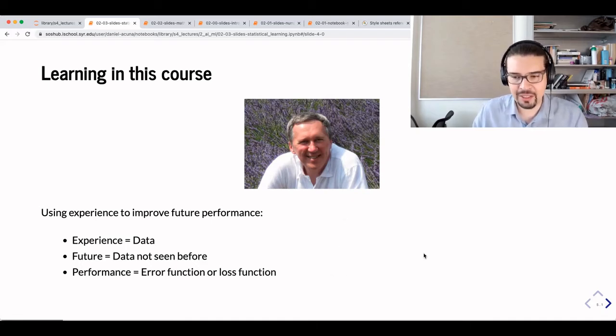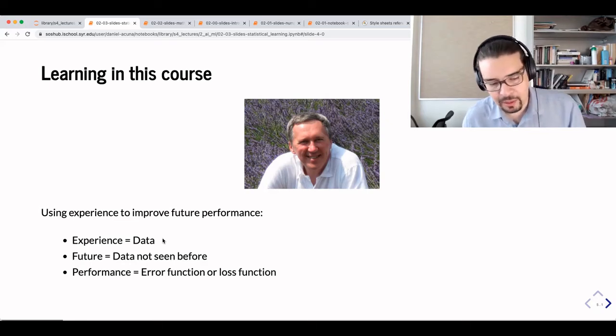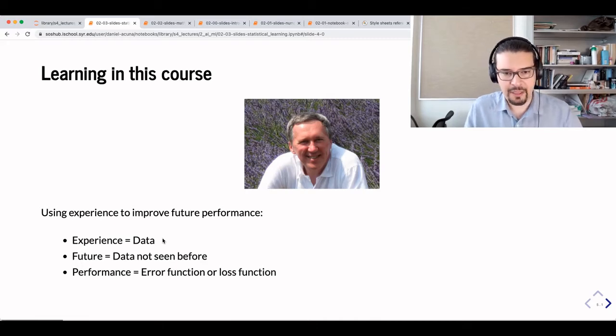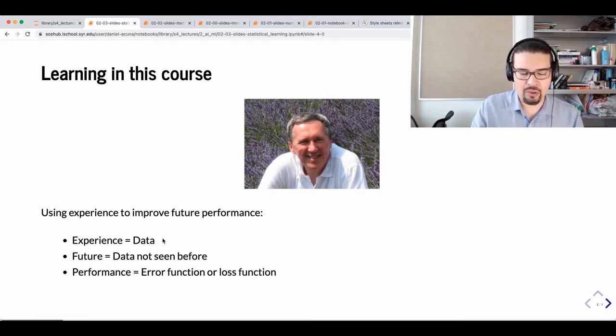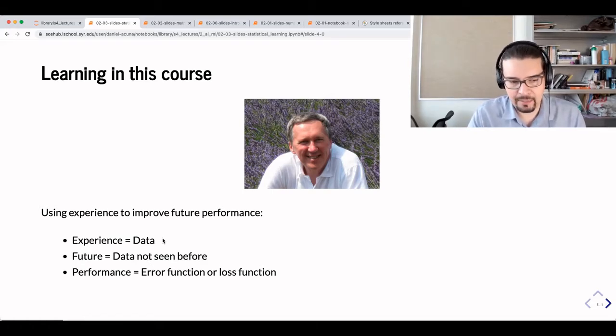That's a very machine learning definition, but basically you can think of it this way: the experience that you have is data, the future is data that you have not seen, and performance is some way of defining what is good, how you measure the mistakes that you're making. You want to lower that in the future. So hopefully the more data you have, the more you learn and the fewer mistakes you make.